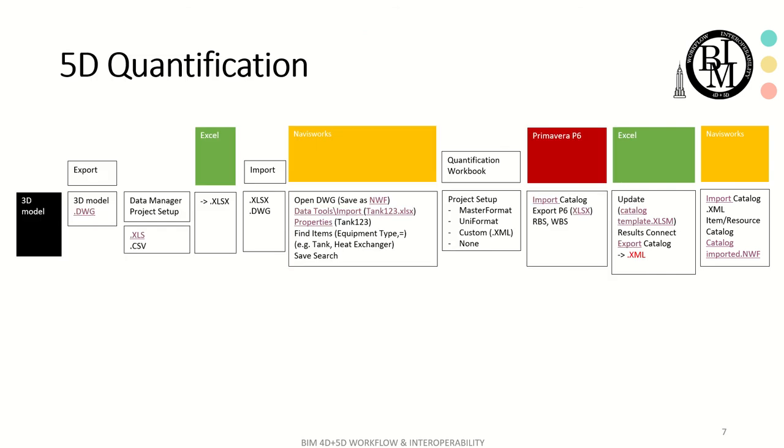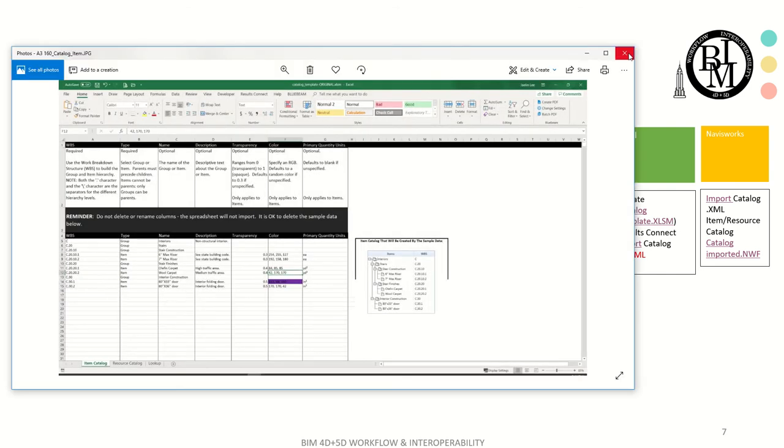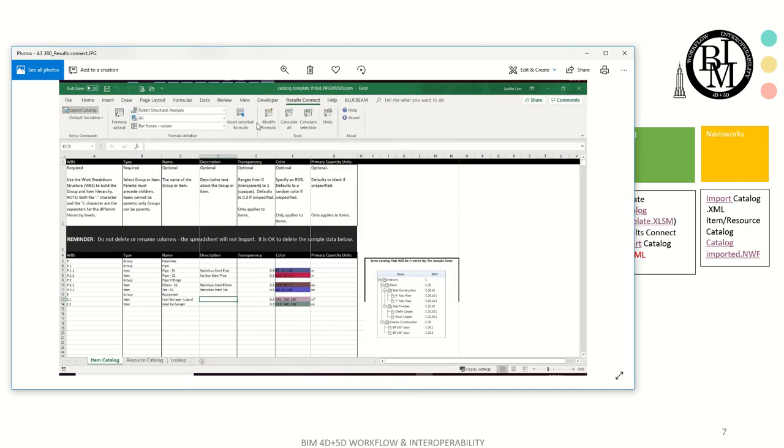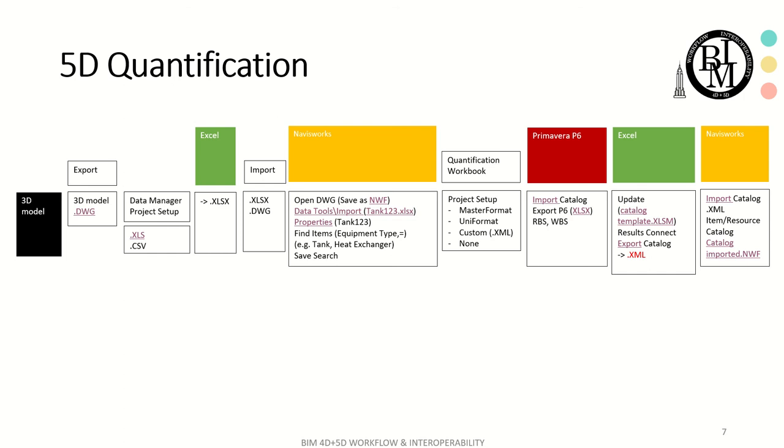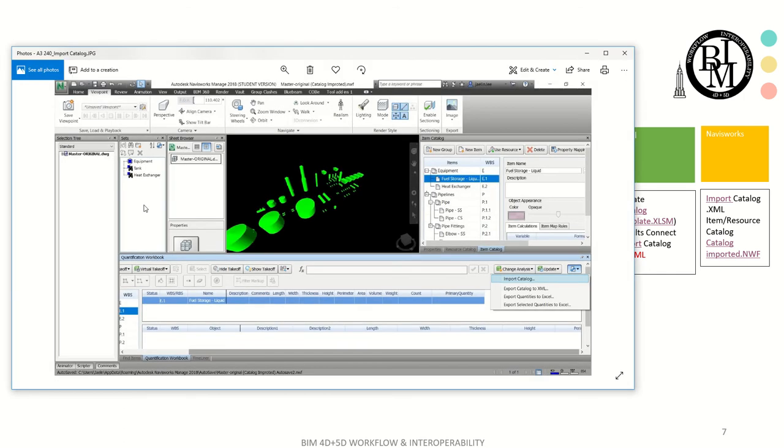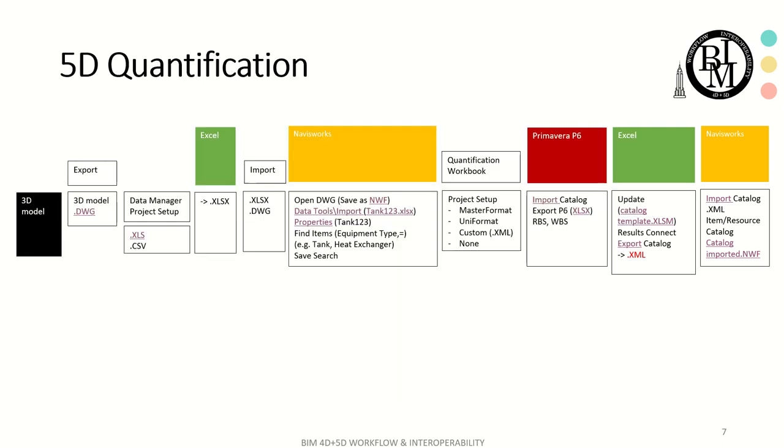So you will update it, and then export in this Results Connect tab. I'm using the latest Excel application. In this case, I have a Results Connect, and you will click this Export Catalog. Then it will become an XML file that you can import through this Import Catalog tab.